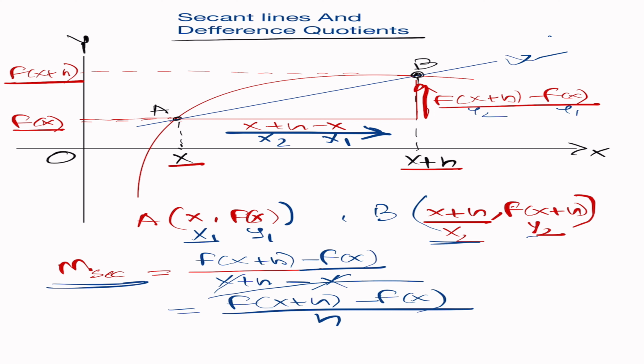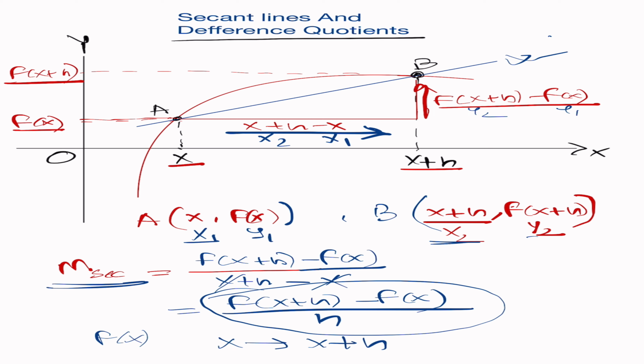So the difference quotient, f of x plus h minus f of x divided by h, means the average change in f of x from x to x plus h.